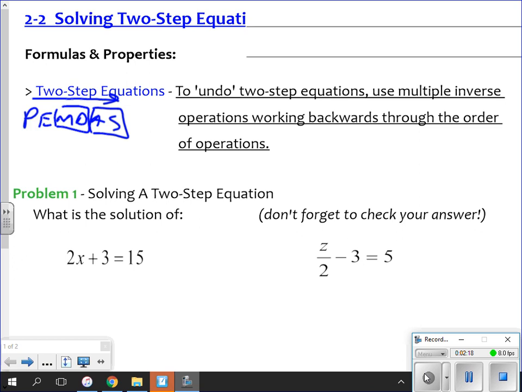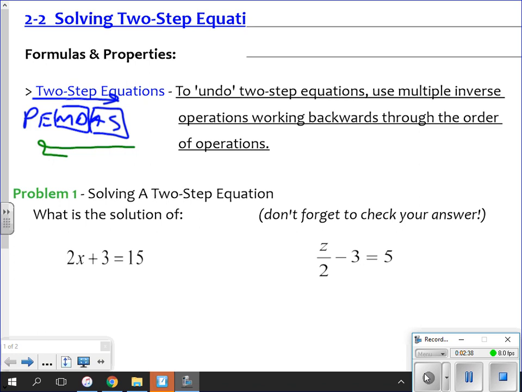You do the parentheses, then the exponents, then the multiplication, then the addition and subtraction. When you're solving two-step equations, you actually work in this direction. You get rid of the addition and subtraction first, and then you get rid of the multiplication and division.